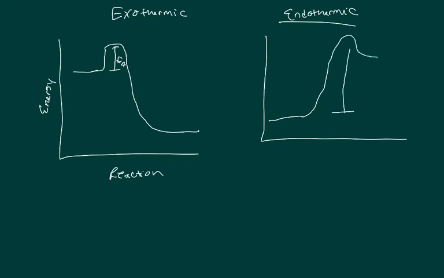And the activation energy is much higher. And so we end up with an energy level here higher than what we started with here. And again, endothermic reactions absorb energy from the environment.